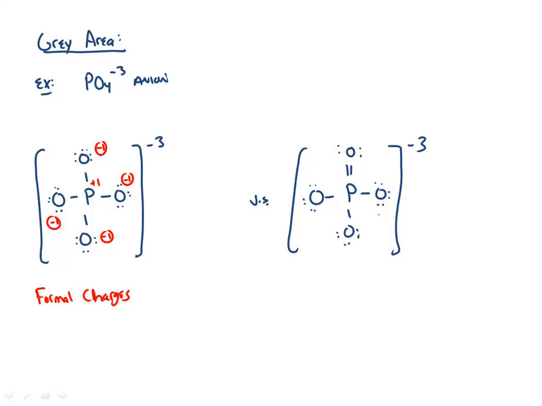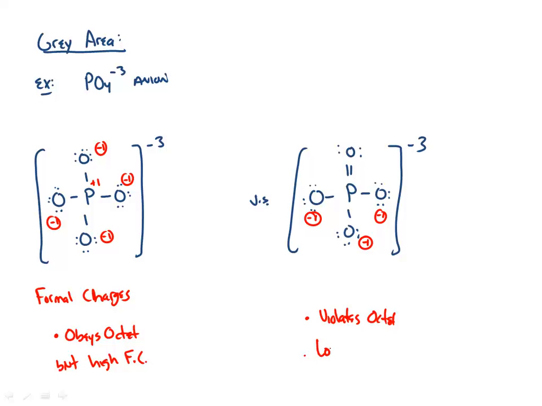So in this case, now I have a -1, -1, -1. So this one's more stable because it obeys the octet, but it has high formal charges. This one violates the octet, but it has low formal charges.